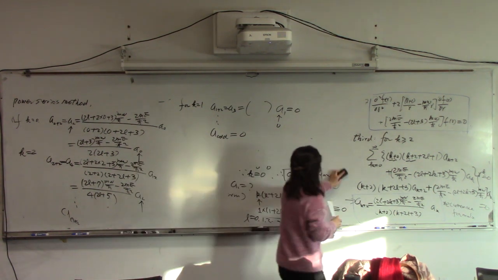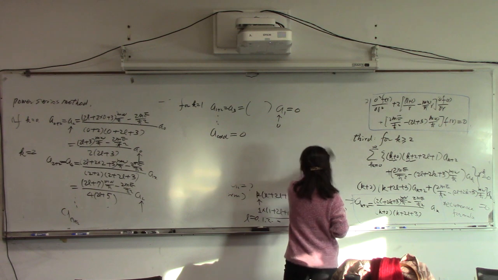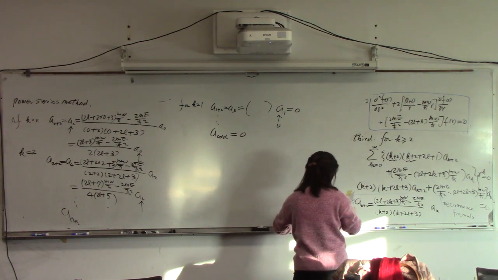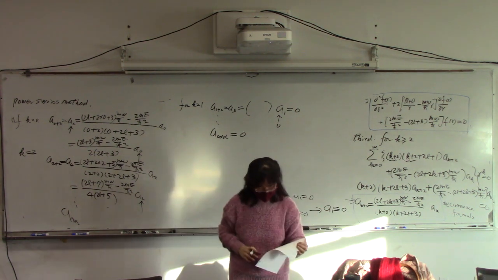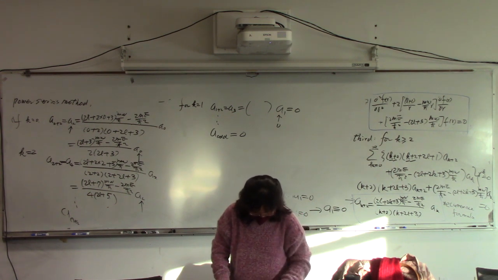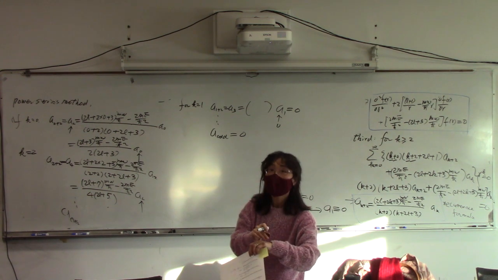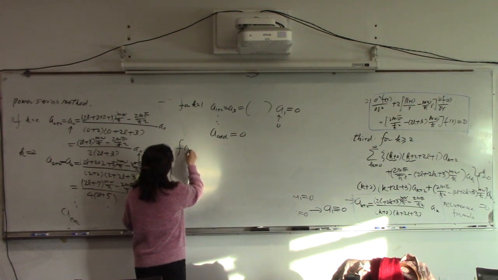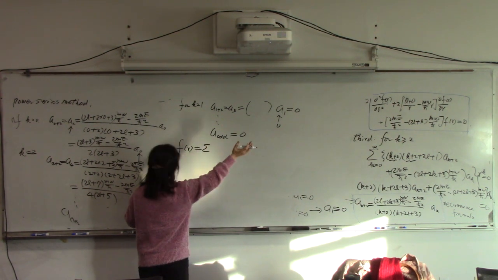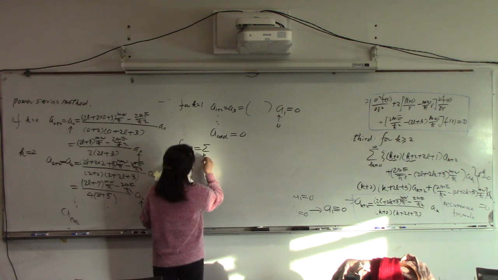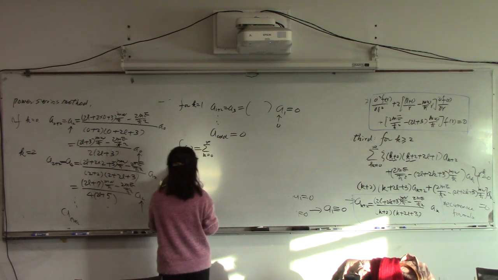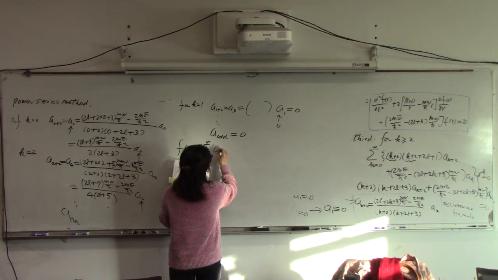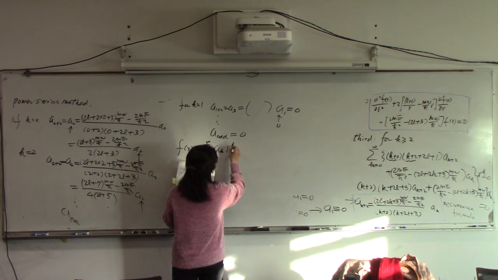Okay, now finally we have the formula for the coefficient. So finally you can have this function. We can write down the function as, so now this is our goal, right? F(r) is function we have, k from 0 to infinity, a_k r^k, right?